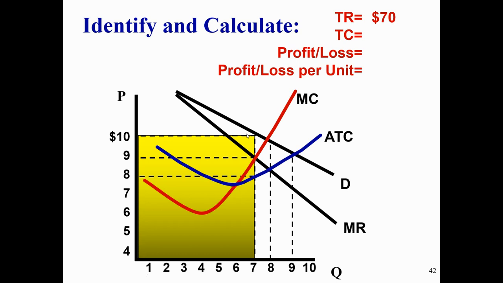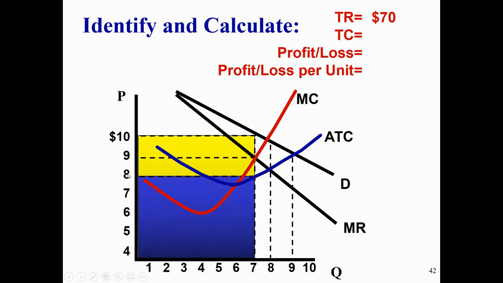But my total revenue is where I hit the demand. My demand curve hits here, so I go to $10 times 7, 70. My total cost, on the same line of 7 quantities, I go to my average total cost, which is 8. 8 times 7, $56. Am I having a profit or a loss if my revenue is higher than my cost?